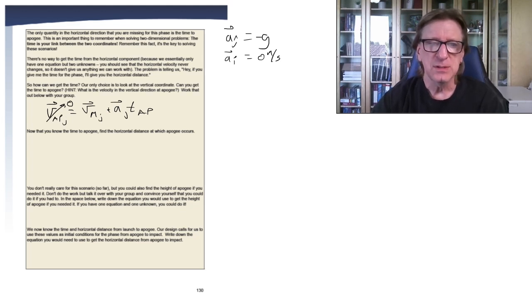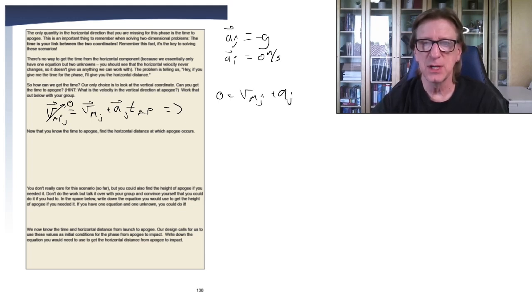Okay, so let's use this then to find our time to apogee. And I'm not going to have enough space to do that over here, so we're going to write it out over here. So I have 0 is equal to v_0 j plus a_j t_app. I'm going to solve that for t_app.